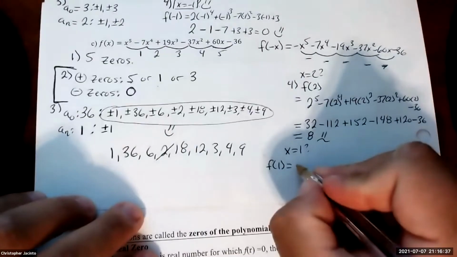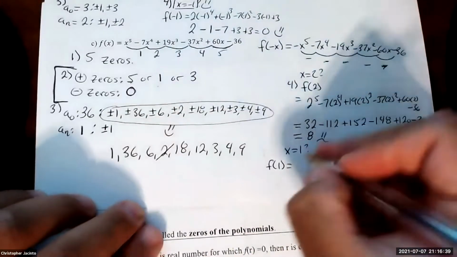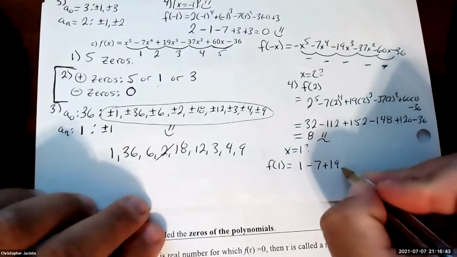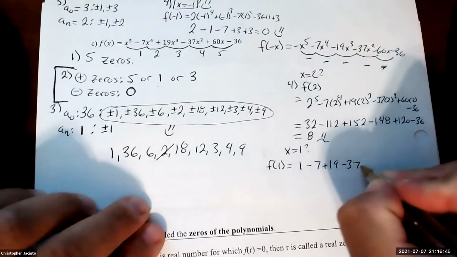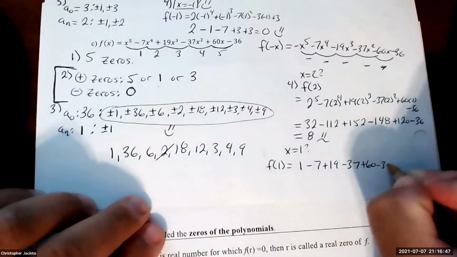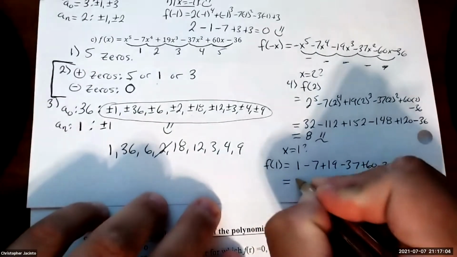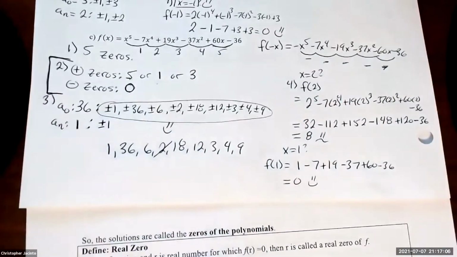It's going to be 1 minus 7 plus 19 minus 37 plus 60 minus 36, because 1 to any power is just going to be 1. Ooh, here we go. We have a winner. It works.